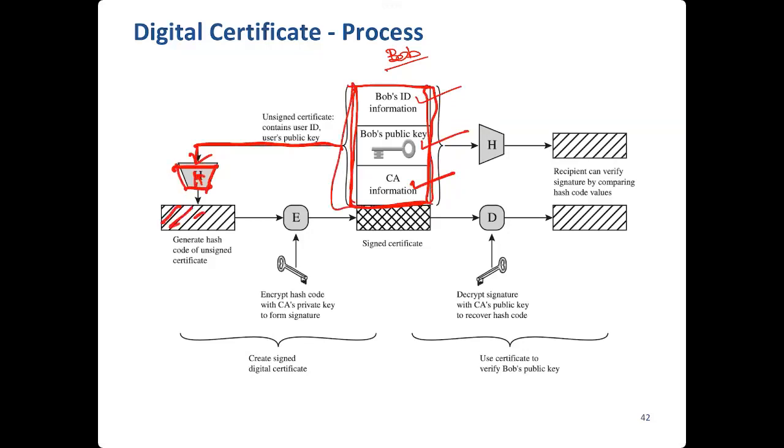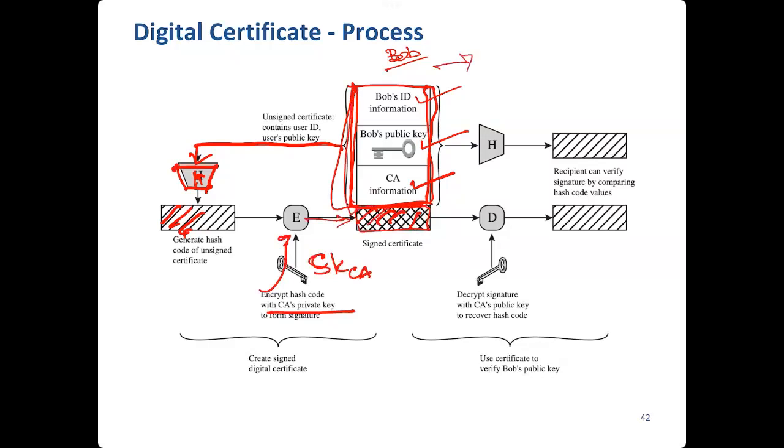Then it encrypts the hash with its own private key, SK of CA, and that becomes the signature. Note that the signature size is small because it's a hash of this information.